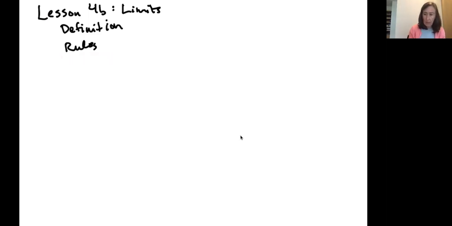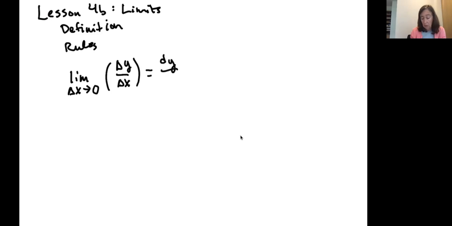All right, so with that introduction, let's remind ourselves of what the idea of a limit is. The limits we were interested in were those limits of difference quotients. So the limit as delta x gets as close as possible to 0, what we claim is that rise over run, those slopes of secant lines, get as close as possible to the slope of the tangent line. That is the claim, okay?